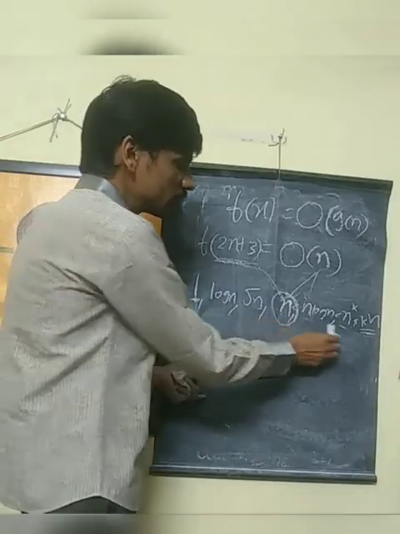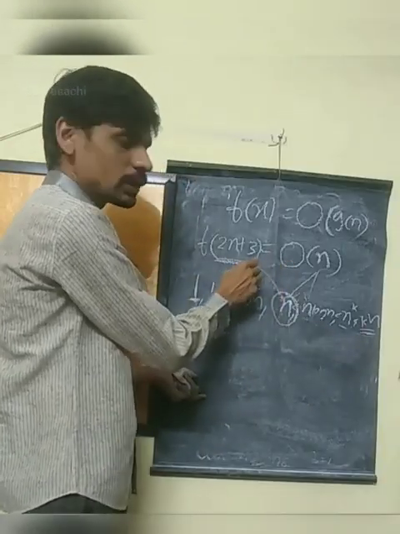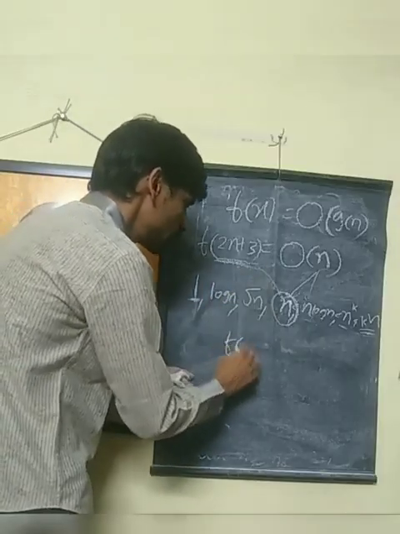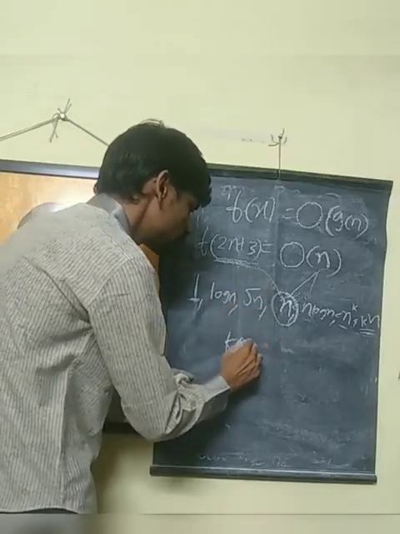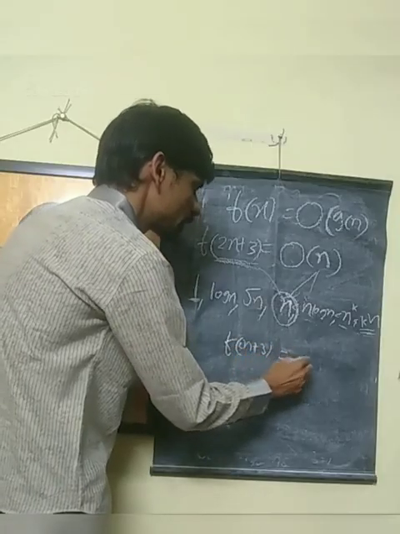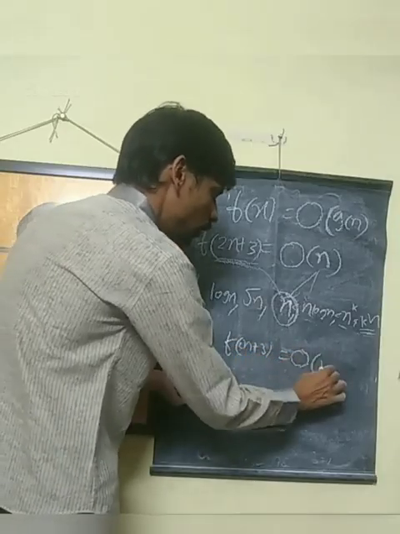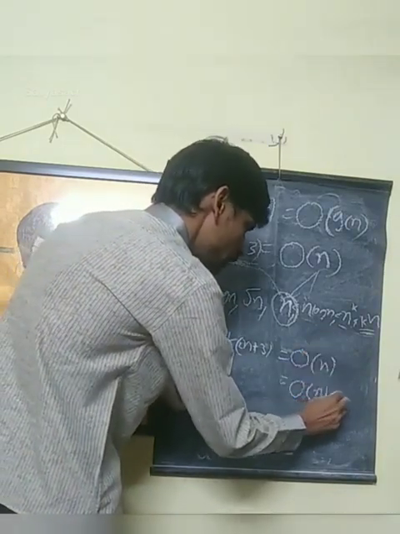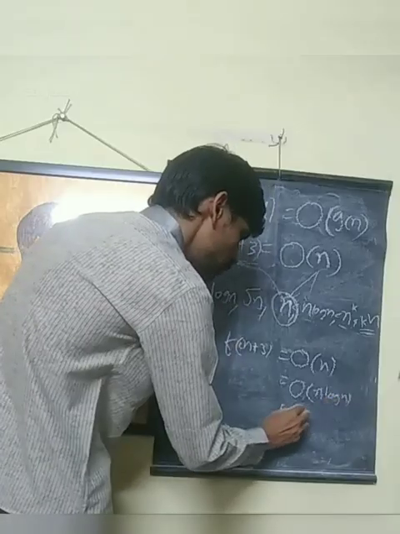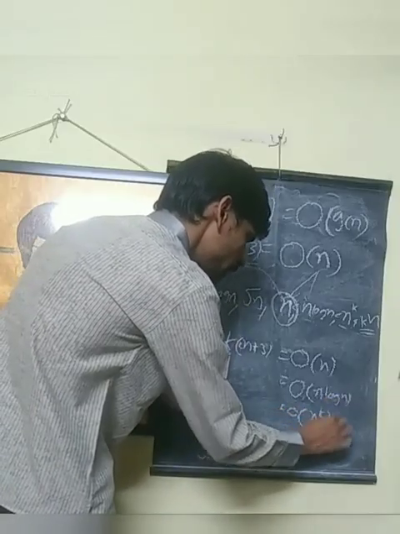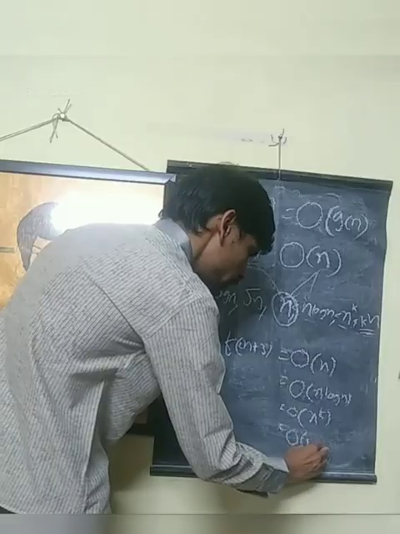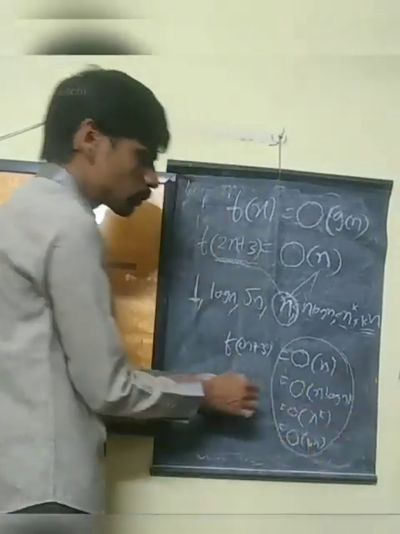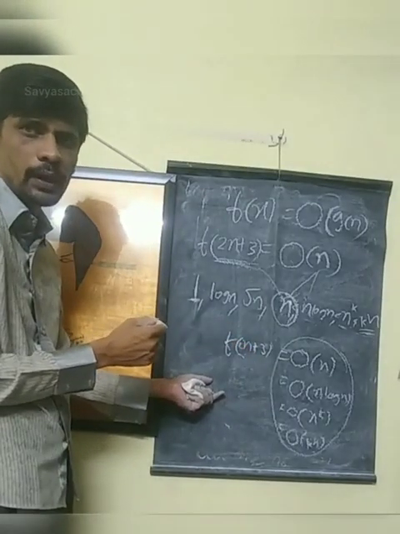That means these functions also can be considered upper bounds for this function. That means, for this 2n plus 3, I can write big O of not only n, but also big O of n log n, or big O of n power k, and big O of k power n can also be upper bounds. These are upper bounds for this function.